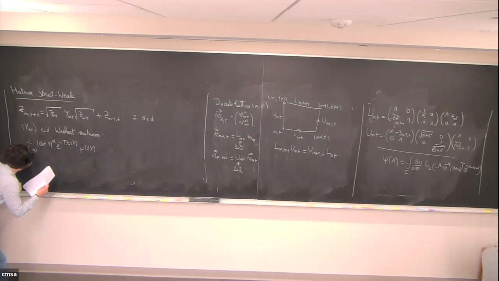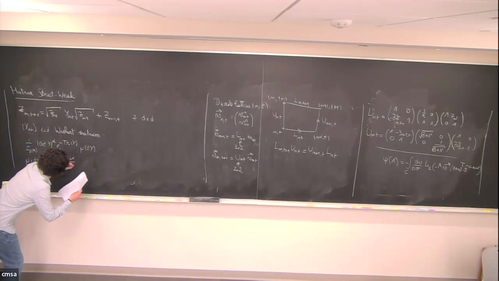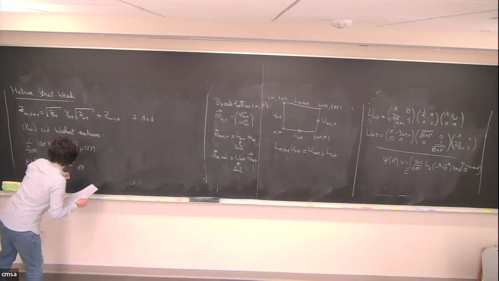So the measure mu of dy would be equal to the determinant of y to the power minus d plus 1 over 2 times the Lebesgue measure on all the coefficients of dy.